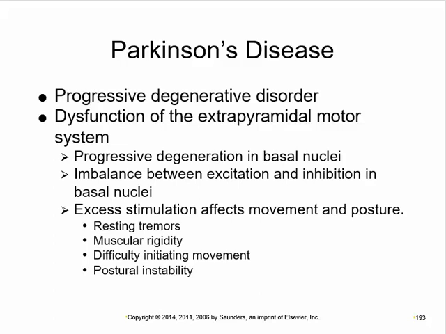And because of this, postural instability is a big problem because they can't activate the postural muscles in time to maintain posture. They can't initiate those movements. And there's this rigidity that they have to overcome, let alone the tremors.